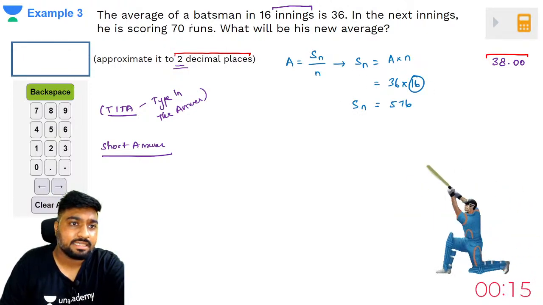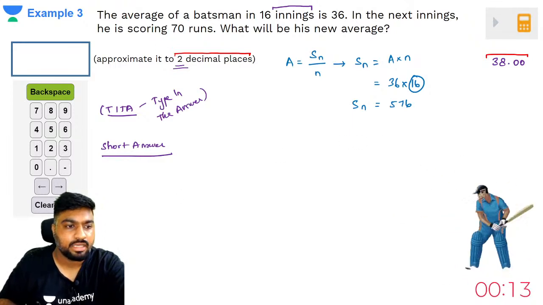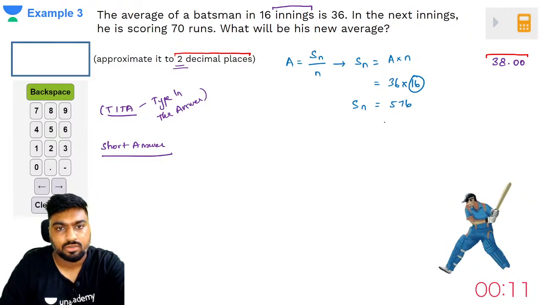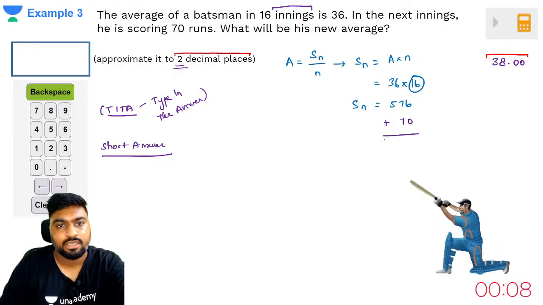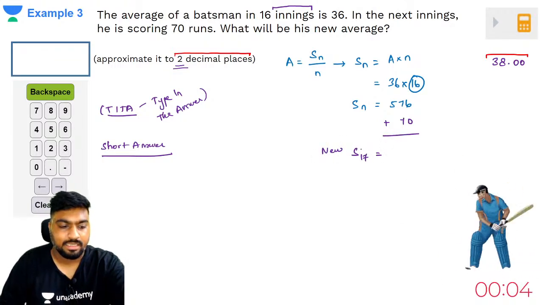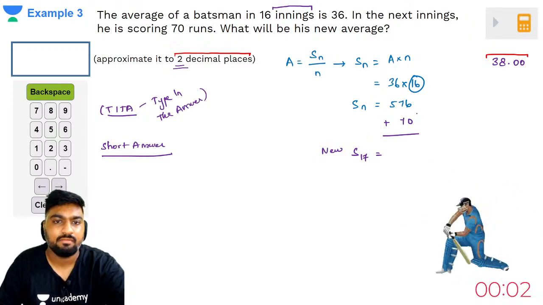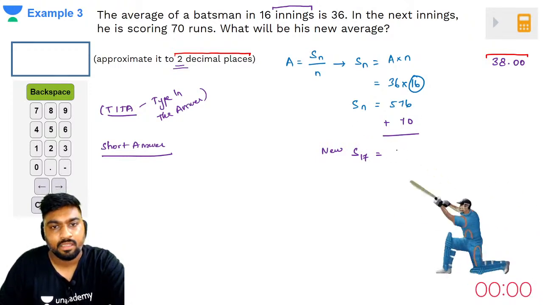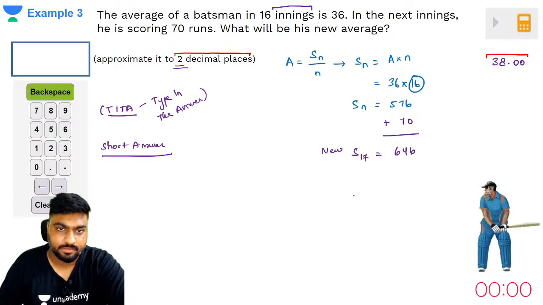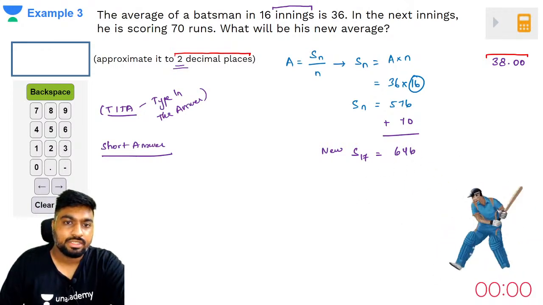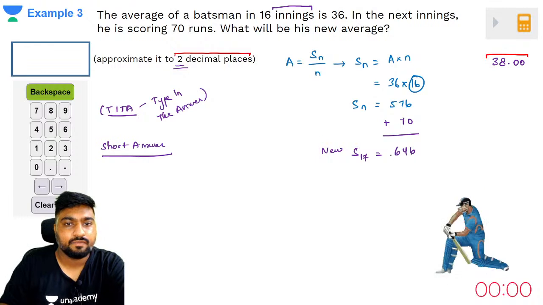In the next match, he scores 70 runs. So in the new match, what does he do? He scores 70 runs. So his new sum of terms, new sum of 17 matches now. 16 plus 1 match, 17 matches, correct? So this becomes what? 646, correct? So this 646 is for 17 matches.